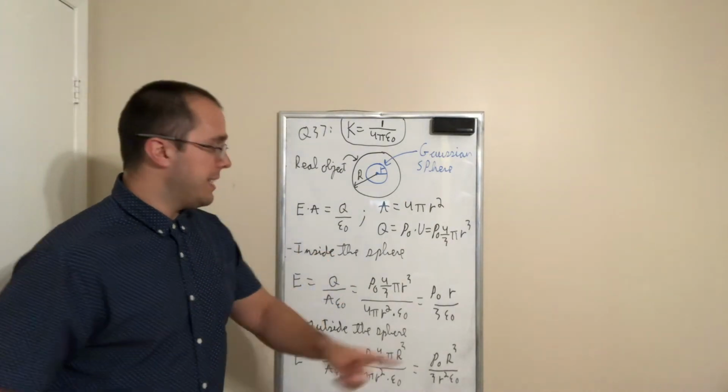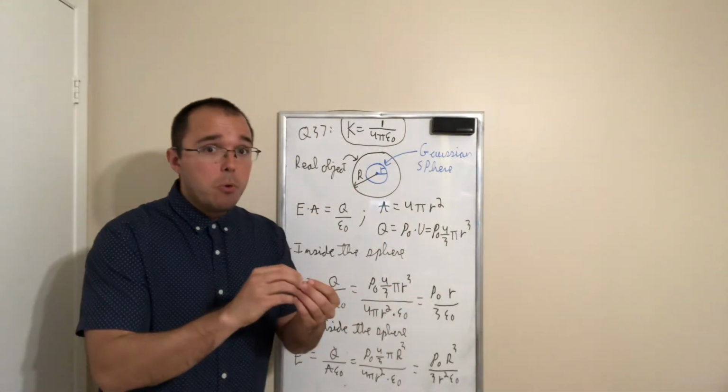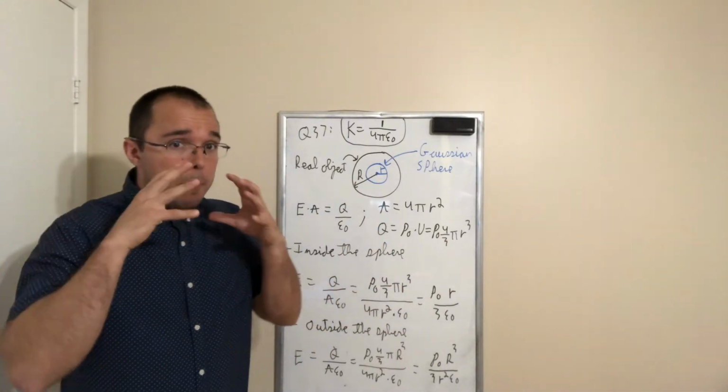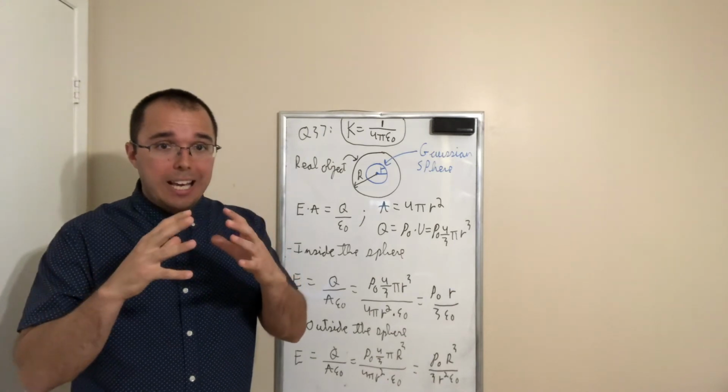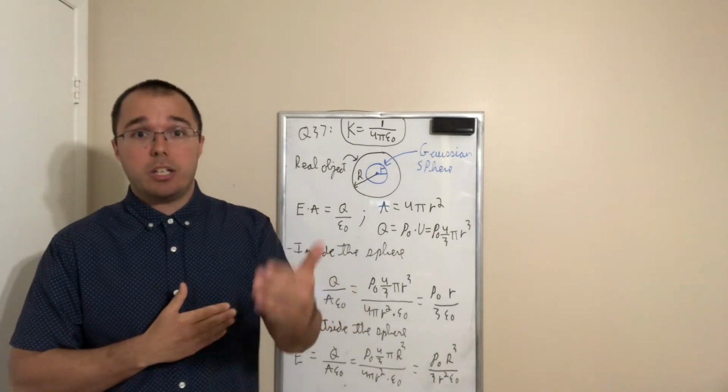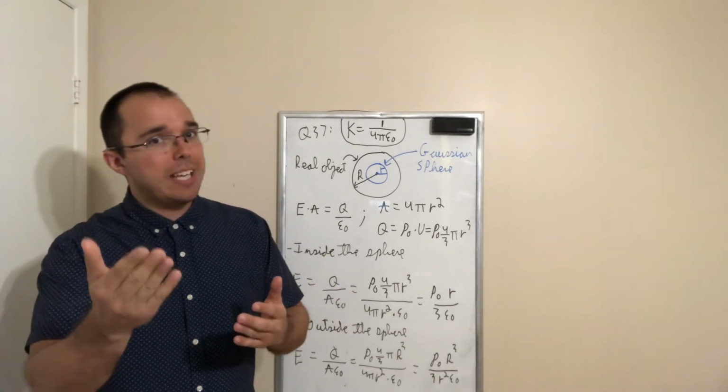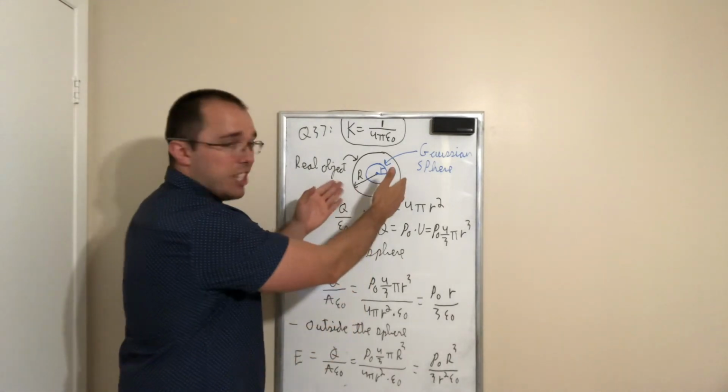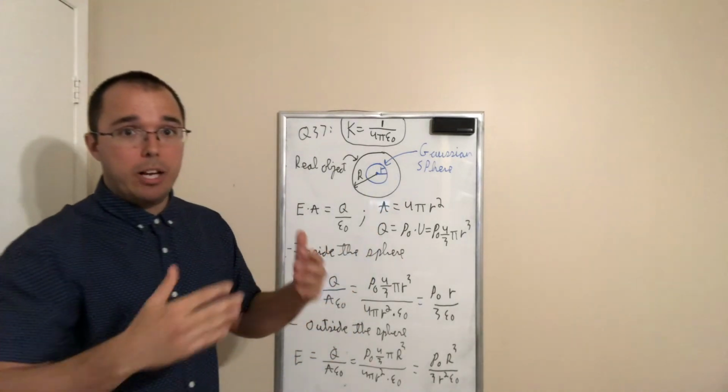The reason why this is not the case here is because as you move farther away from the center, the number of charges inside your object grows bigger and bigger. Therefore, the electric field is increasing. But once you get outside the object, well, the charge is then fixed. It does not grow bigger and bigger.